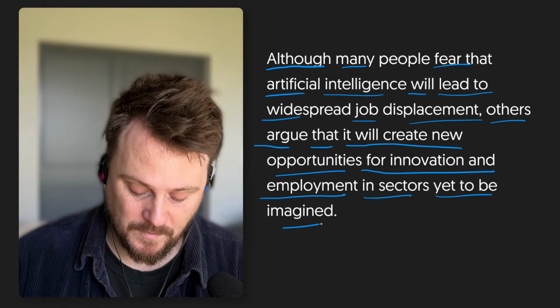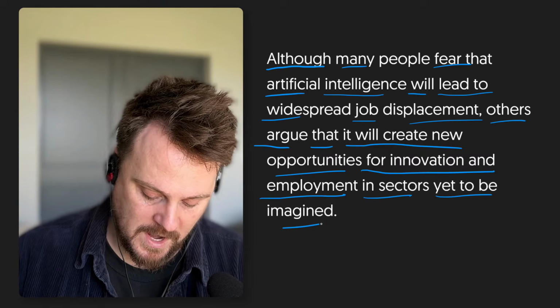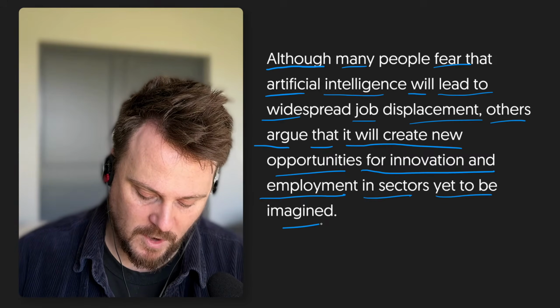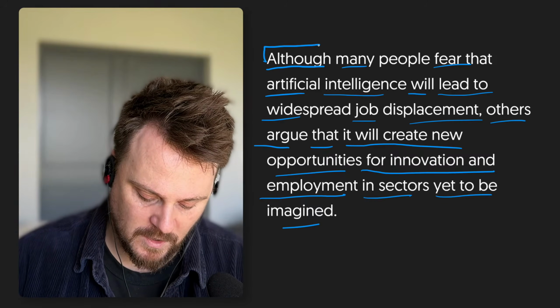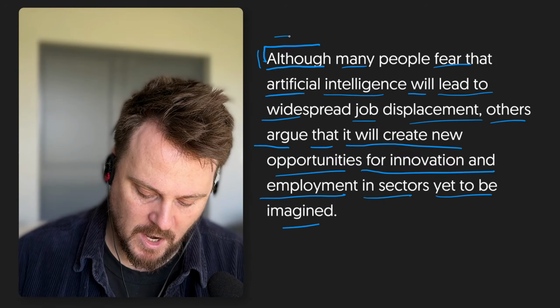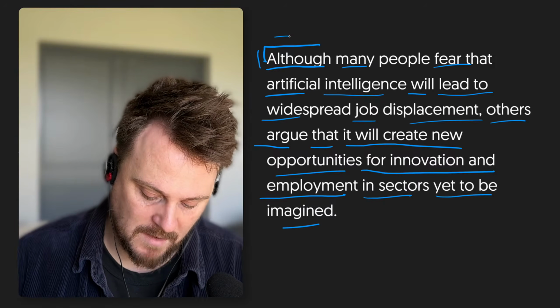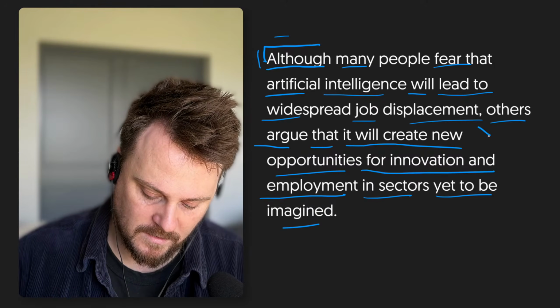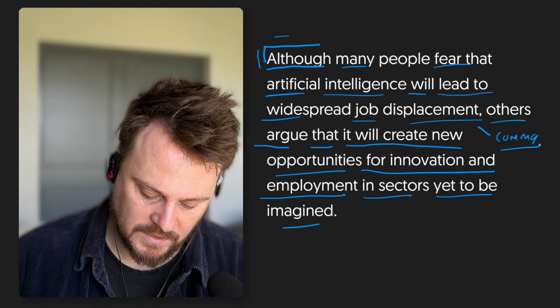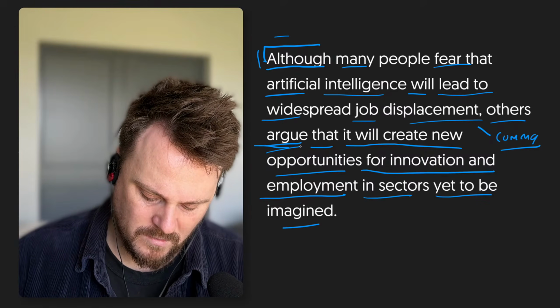It might be pretty simple. So, okay, I'm going to notice a few things. Although, I know that although kind of means but. Although something, something, something, blah, blah, blah. Then there's a comma here. Okay, comma there.